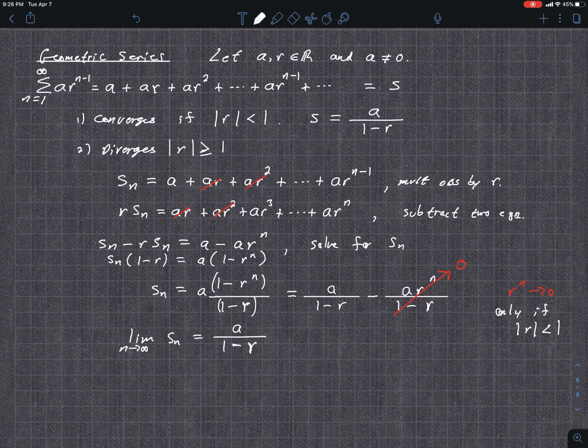Okay, so that's the concept of why that converges. So basically if r is between negative 1 and positive 1, then the geometric series converges.